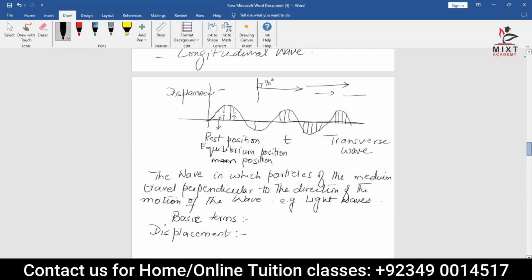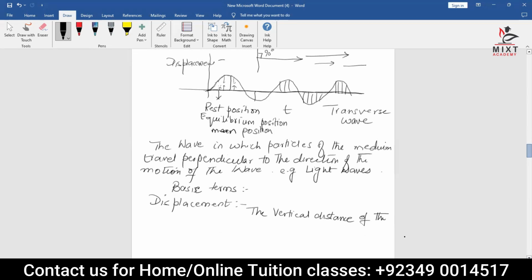So you can say the vertical distance of the particle of the wave from the mean position or rest position.